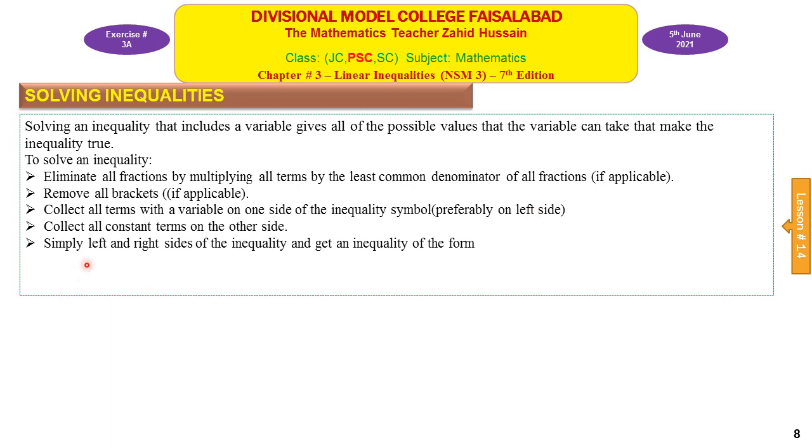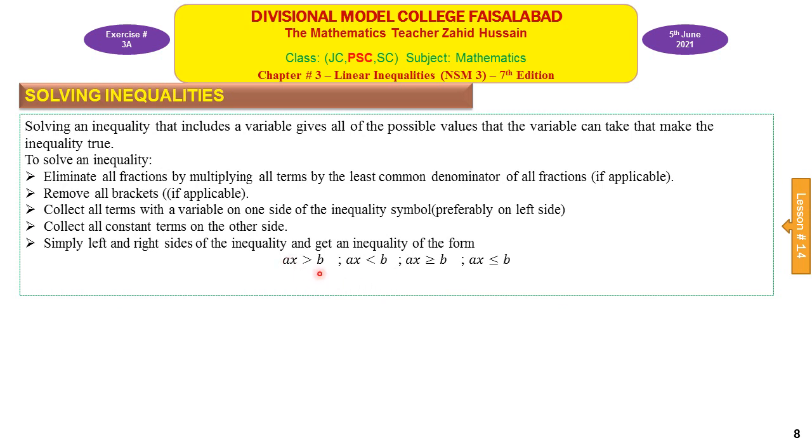Then simplify the left and right sides of the inequality and get an inequality of the form. So when you apply all these steps, you will get one type of inequality in the end. And as in an equation, to find the value of x we divide both sides by the coefficient of x, the same will be done here.